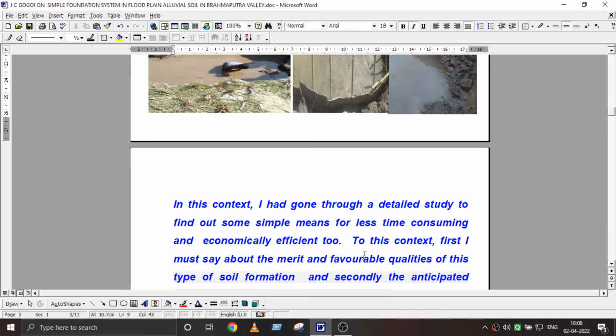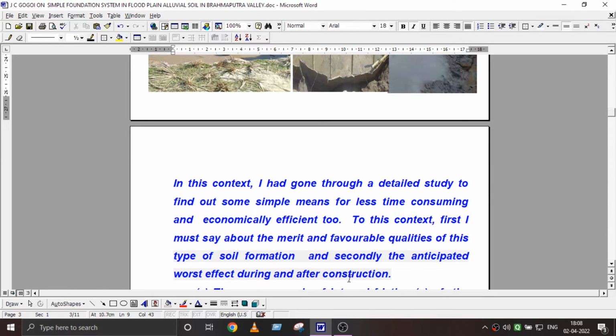First, I must say about the merits and favorable qualities of this type of soil formation, and secondly the anticipated worst effects during and after construction, because this is a peculiar soil.